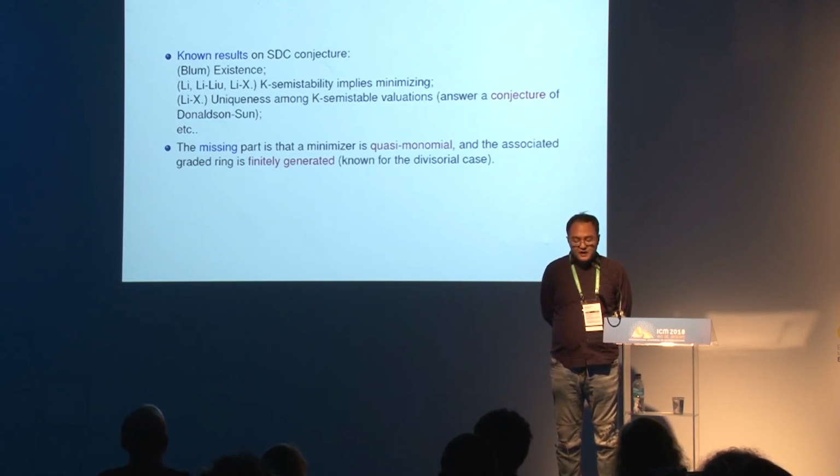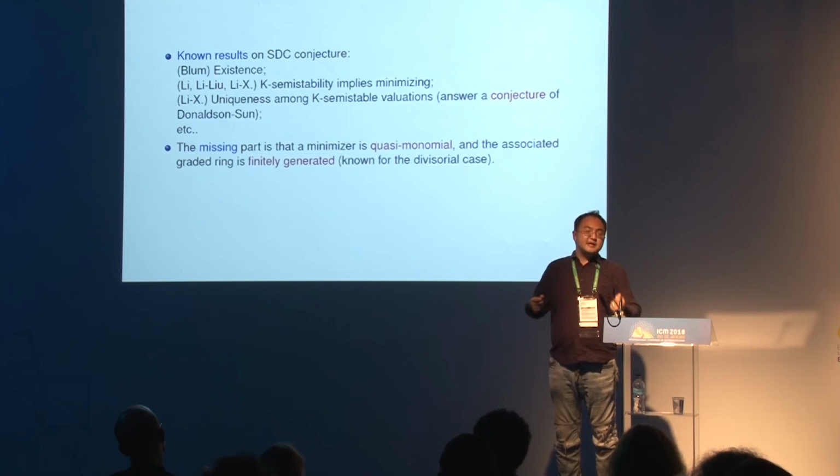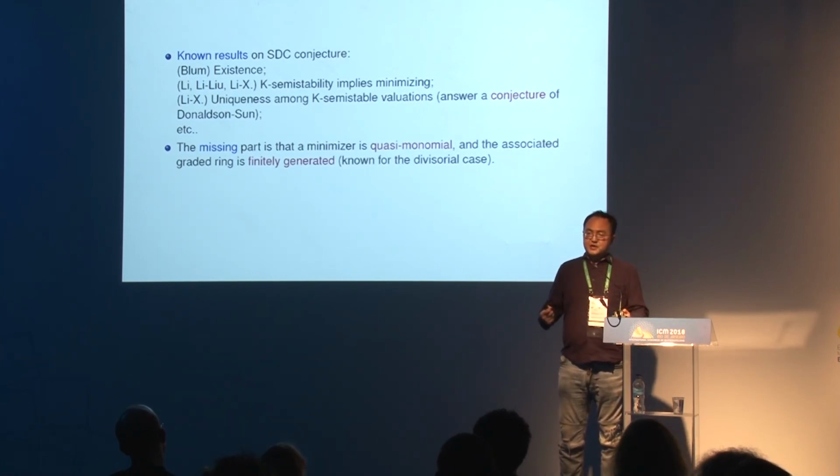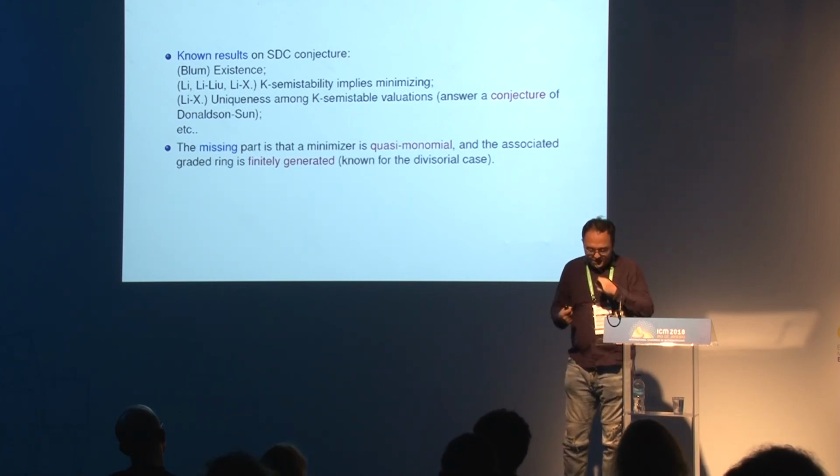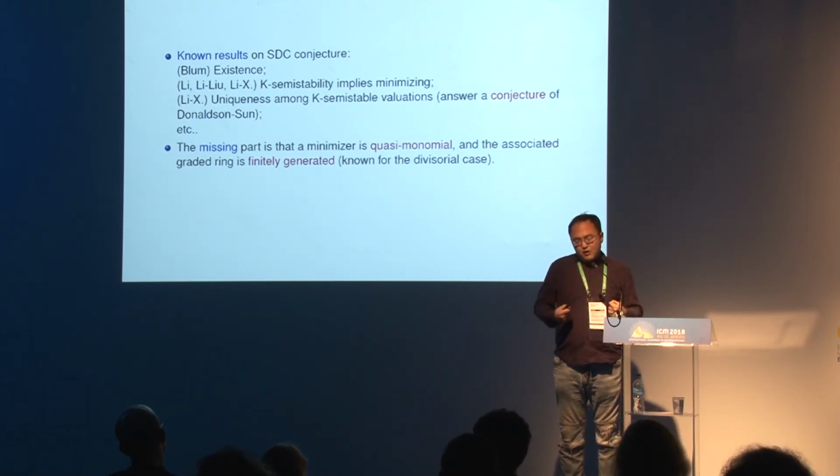We also prove that a K-semistable valuation is always a minimizer. Remember the conjecture is that a minimizer is always K-semistable. So now we prove K-semistable is always a minimizer. In other words, these two notions should be identical.